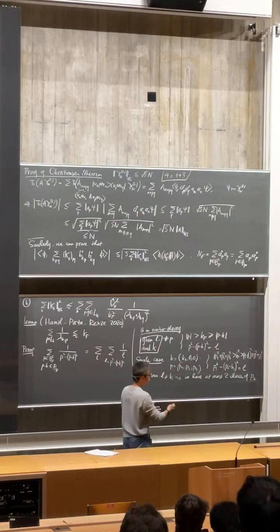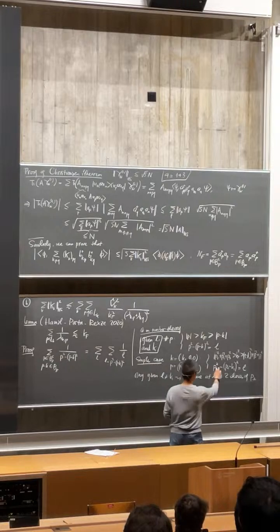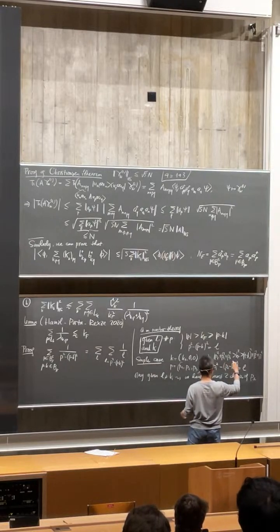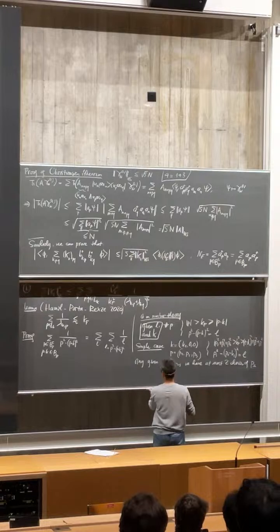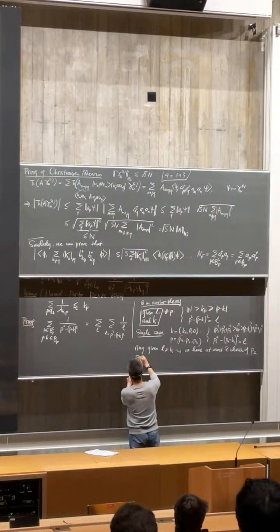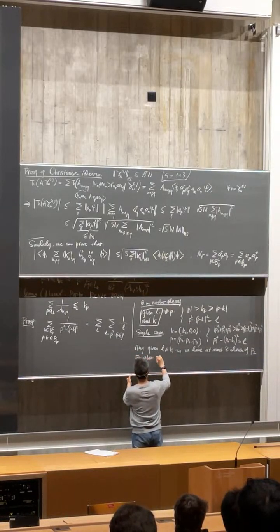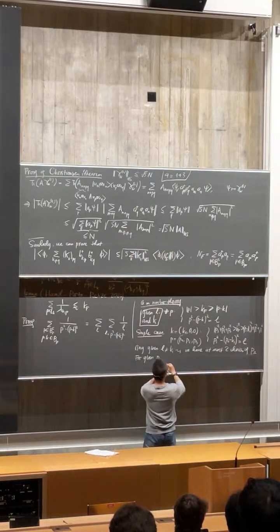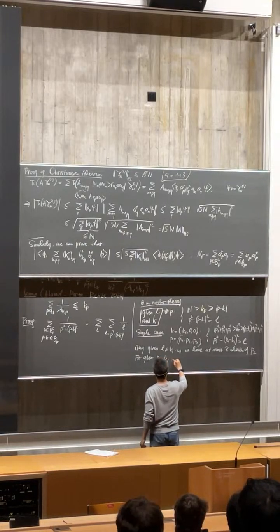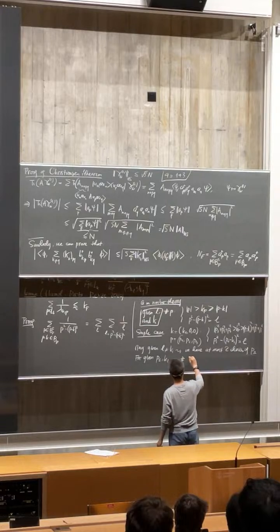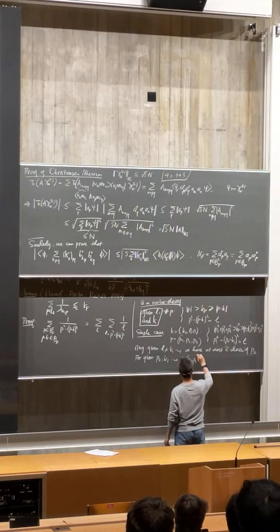And now we need to count how many choices of B2 and B3 given B1, and A1.